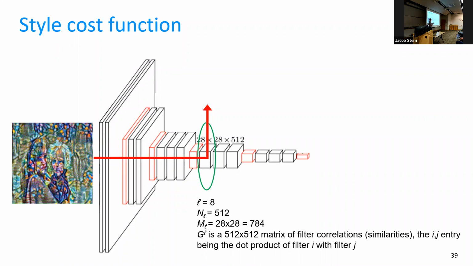No more spatial information. And why do you think the correlation or similarity of features with other features would be helpful for style? Yeah. A lot of times certain things go together, so like when you write a Swish, there likely is a heart at the top.